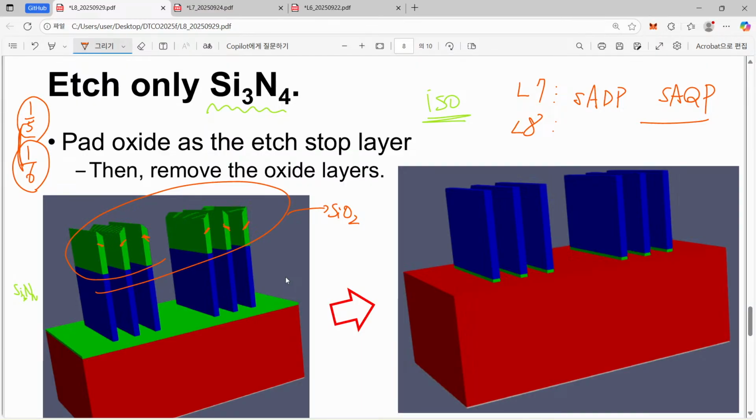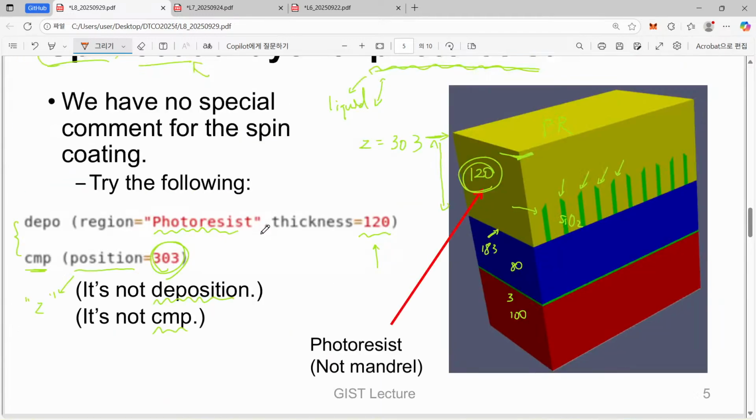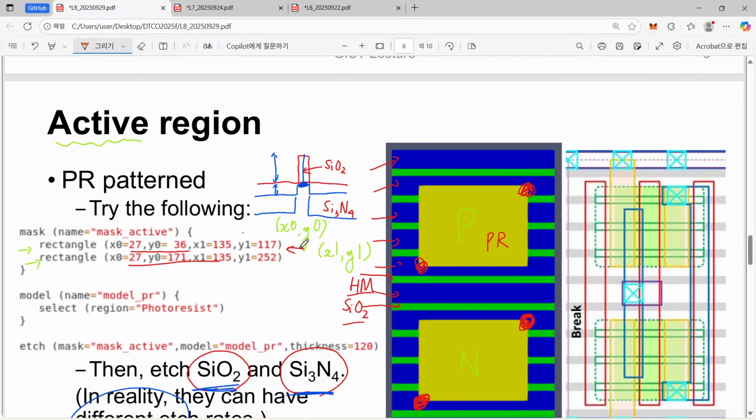But the point was, we also have to do active patterning here, because if we have no active patterning, then there can be a problem.